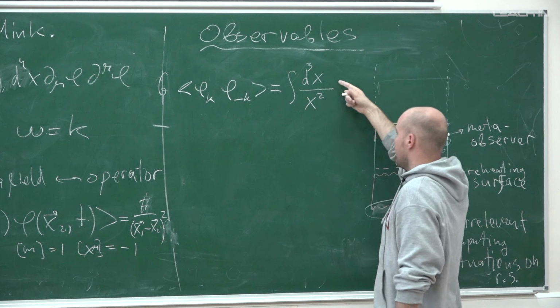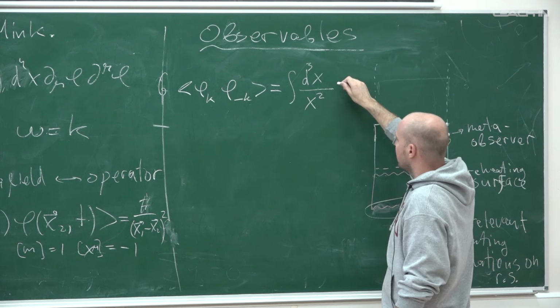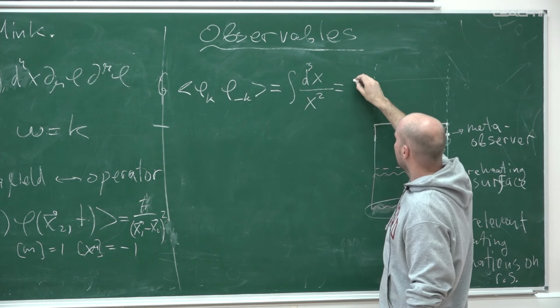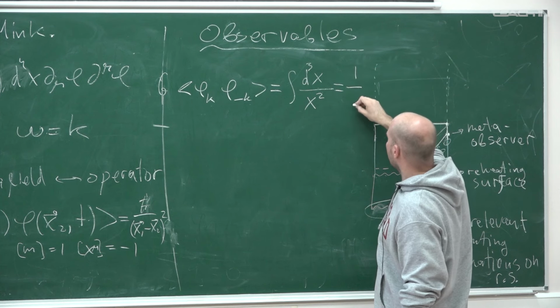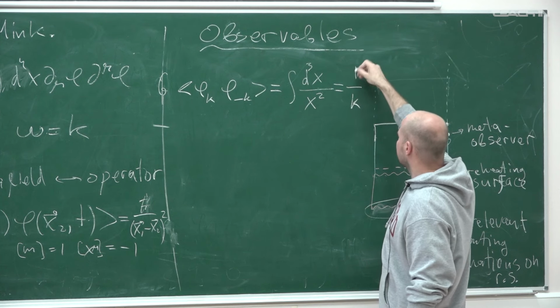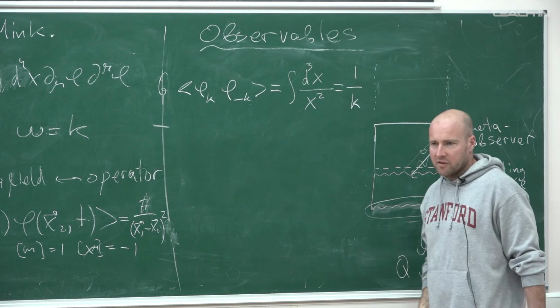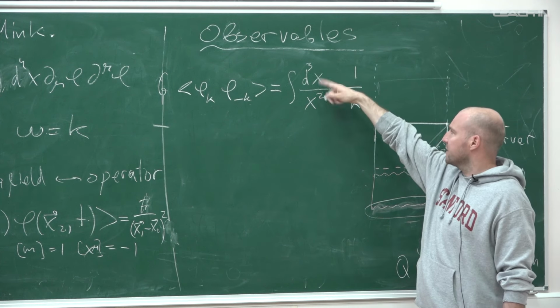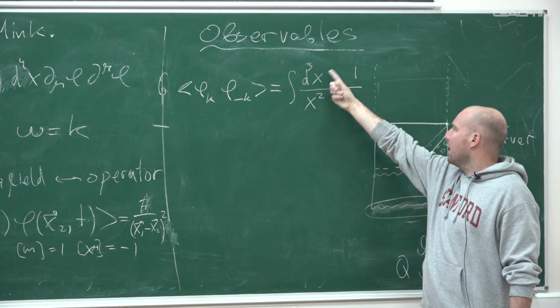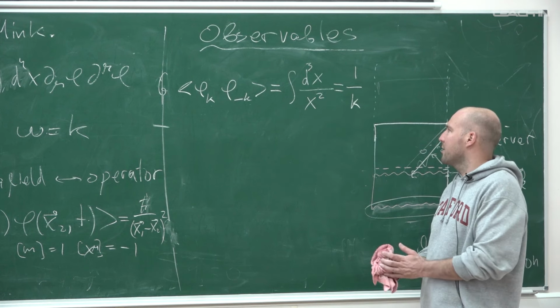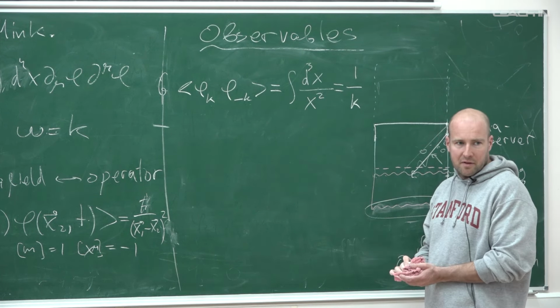So this has dimension, again, I'm just doing dimensional analysis. So this must be 1 over k, again with some order one constant, because this has mass dimension minus 1 now, right?